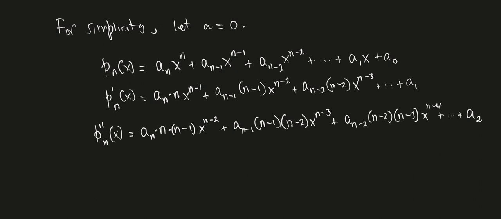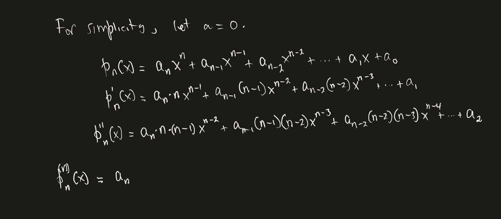And it would keep going until I get to like x to the first power, because we're starting with a polynomial. So eventually we'll get an x to the first power. And when I differentiate that, I will be left with just the coefficient alone. Right? The coefficient alone. So what happens is the nth derivative of an nth degree polynomial looks like this.